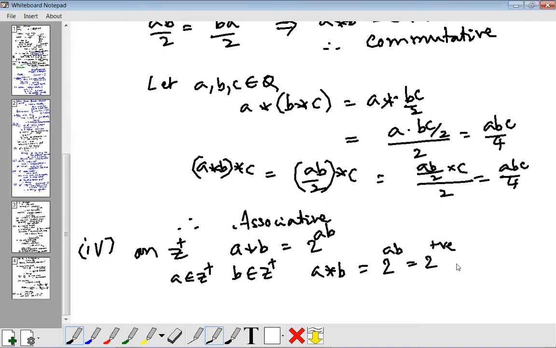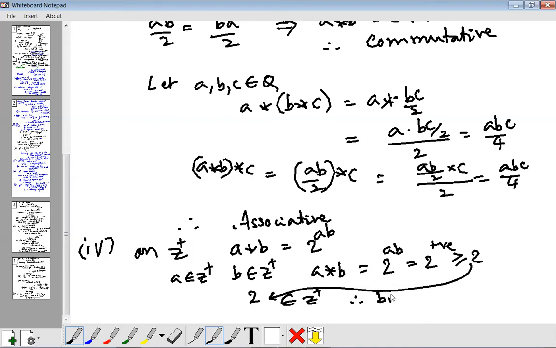2 to the power of a positive number, so the positive numbers can be 2 to the power of 1, 2 to the power of 2, whatever. So this is definitely greater than or equal to 2, this operation. So whatever 2 you get belongs to Z plus.